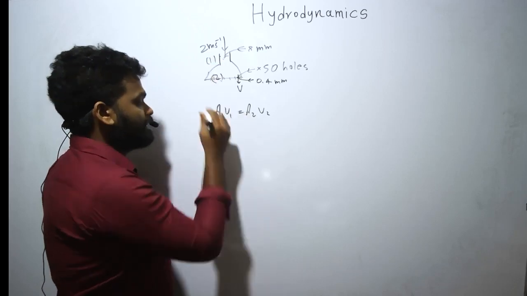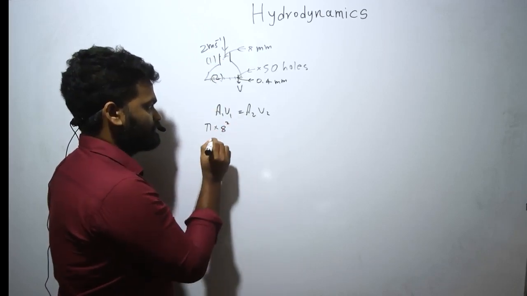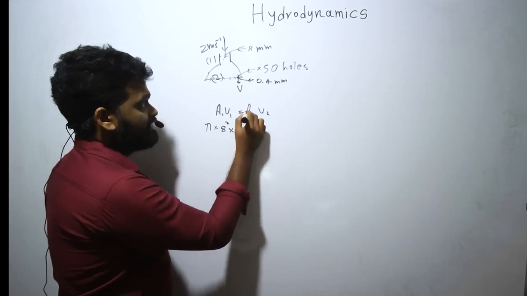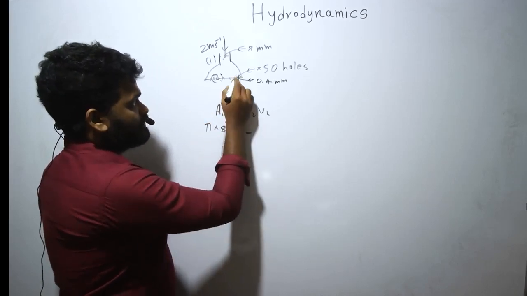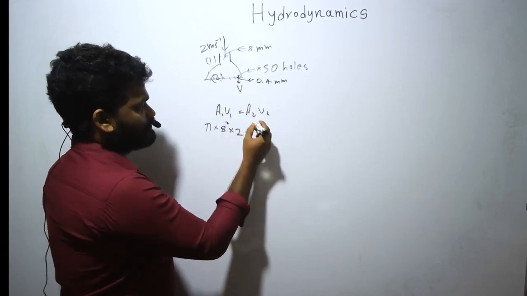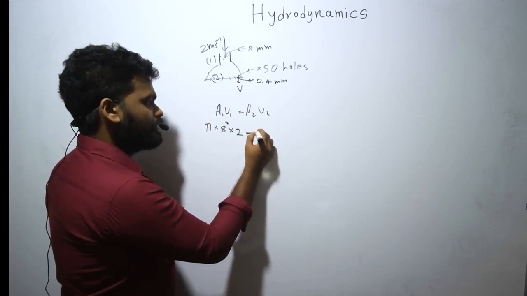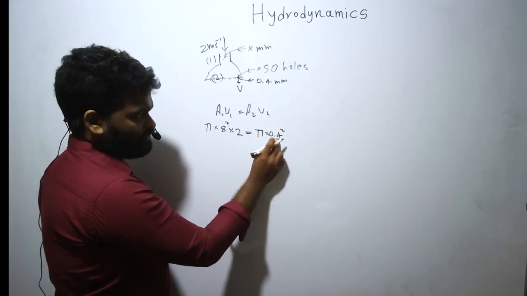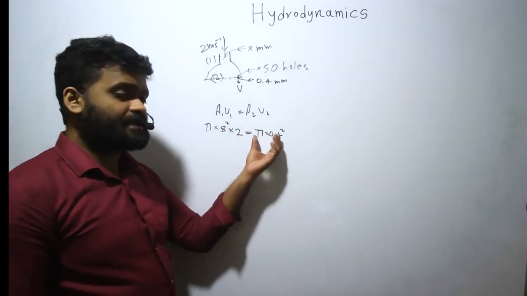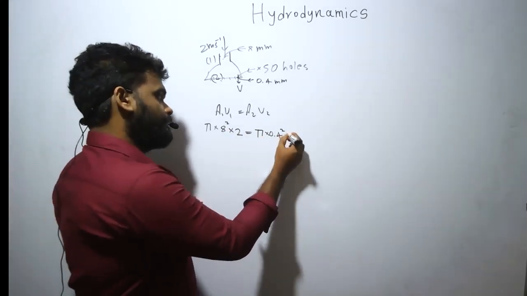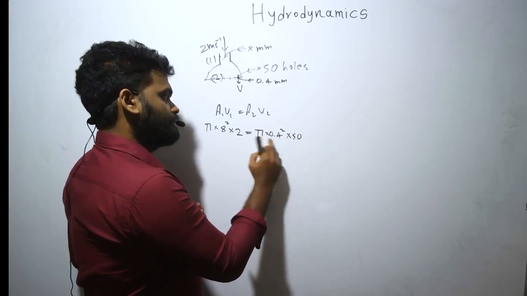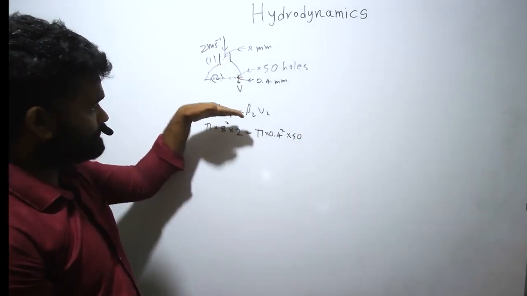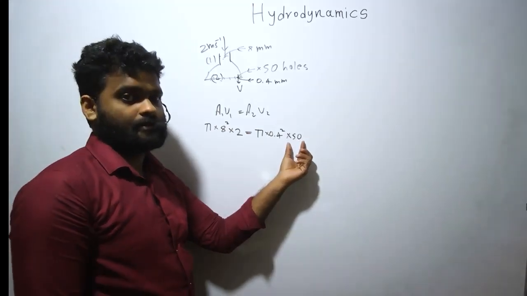Then A2: these are small holes, so for one hole I can write pi times 0.4 squared, and there are 50 such holes, so you have to multiply by 50.